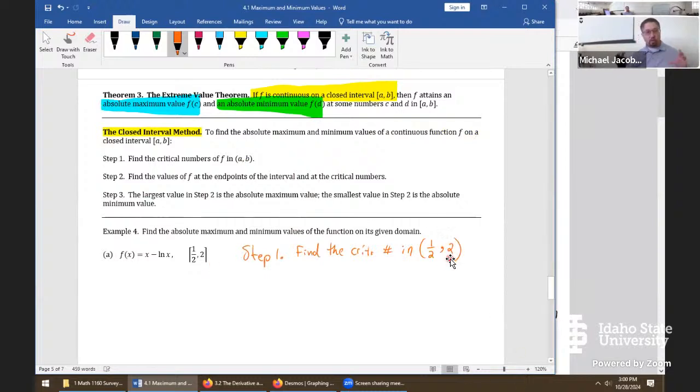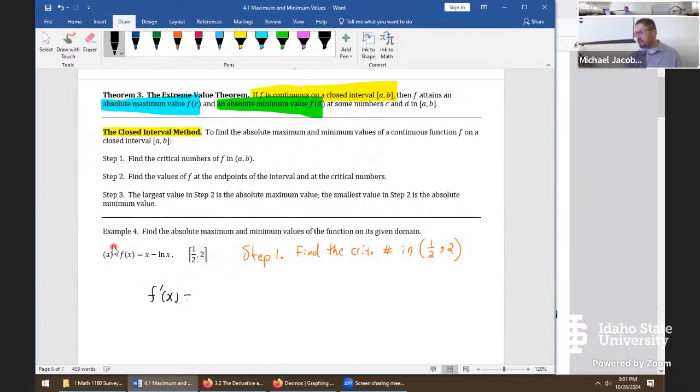The reason this turns into an open set is because in step 2, we're already going to evaluate the function at 1/2 and at 2. So step 1 is just telling us only look for the critical numbers within the inside of the domain, not at the boundary points. We'll look at that later. So that means step 1 is doing exactly what we did on the very last problem. We have to take this and just differentiate it. So let's give that a try.